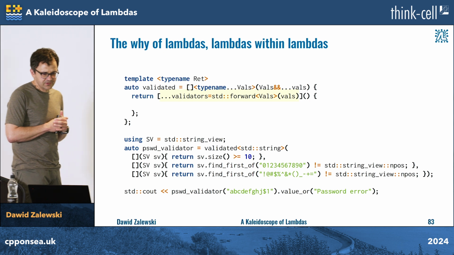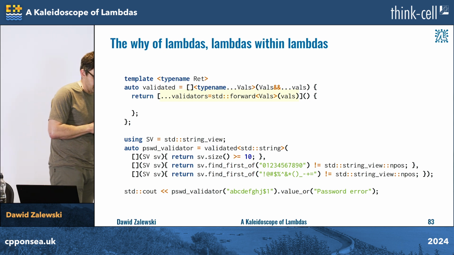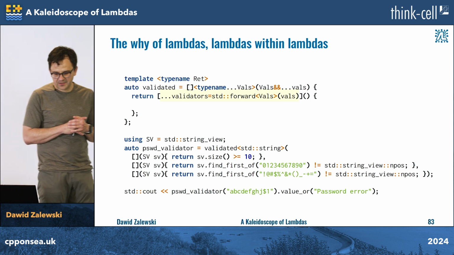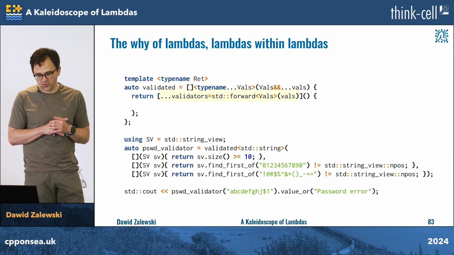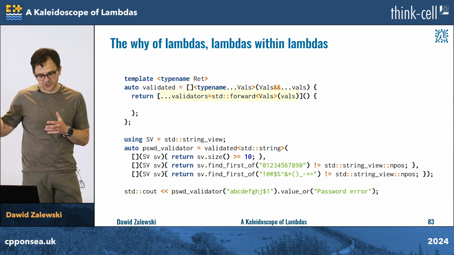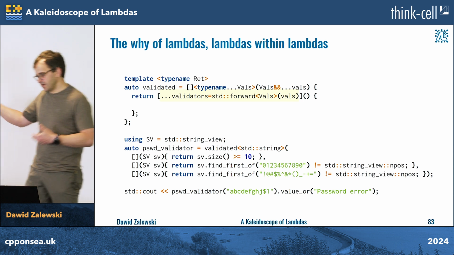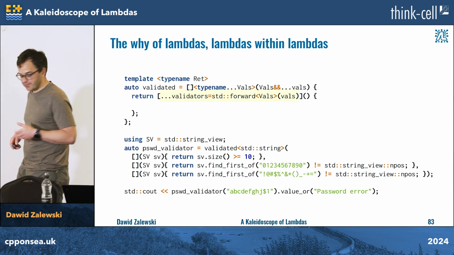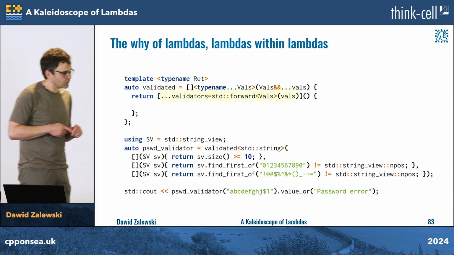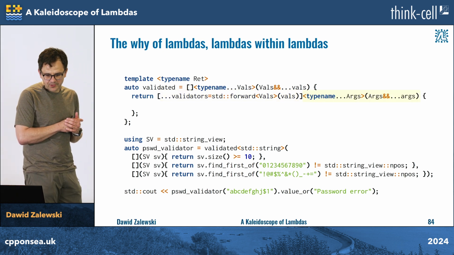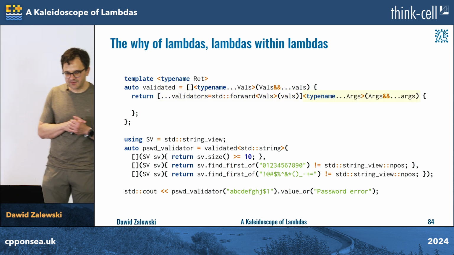So the first thing that it has to do is this fancy addition of capturing by forwarding into the lambda. So I'm capturing all the validators, all those functions that are there, and I'm having them now in my inner lambda, but that's not enough. I have validators, but I also have to perform some action. So what I'm going to do is most likely validate some arguments, right?